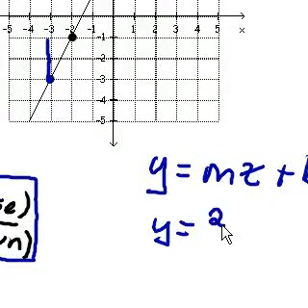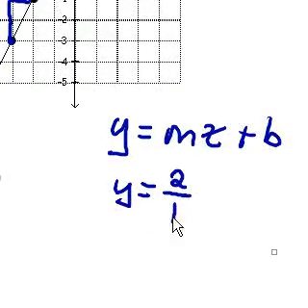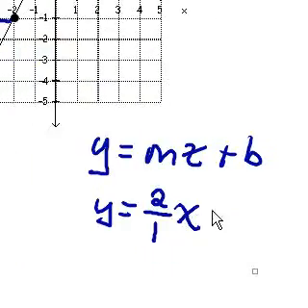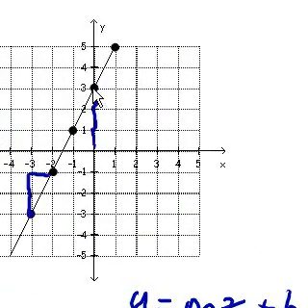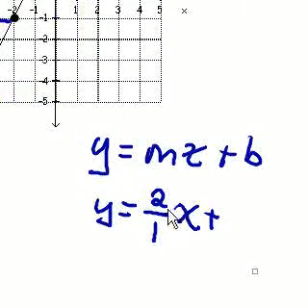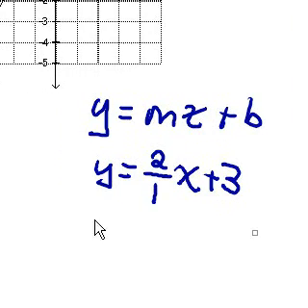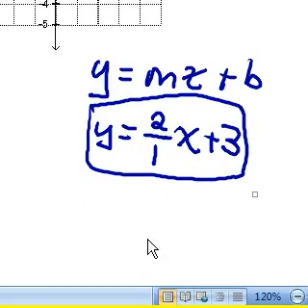So our rise is 2 over 1. Our run is 1. So our slope is 2x plus, let's see what b is. 1, 2, 3. So it's a positive 3. So 2x plus 3. And there you have it. I would definitely accept that as an answer.